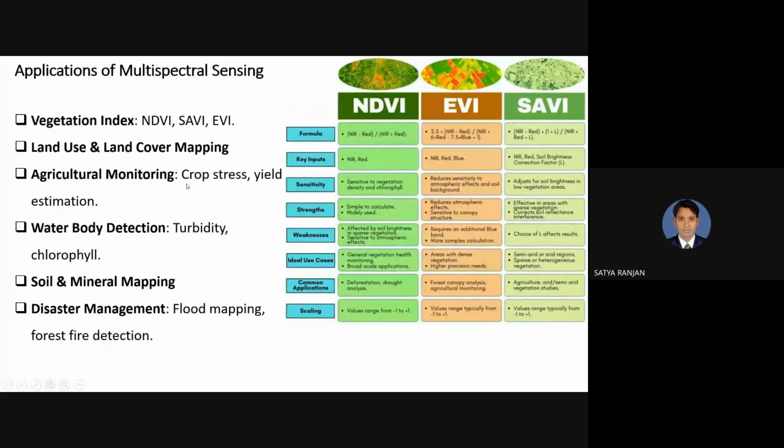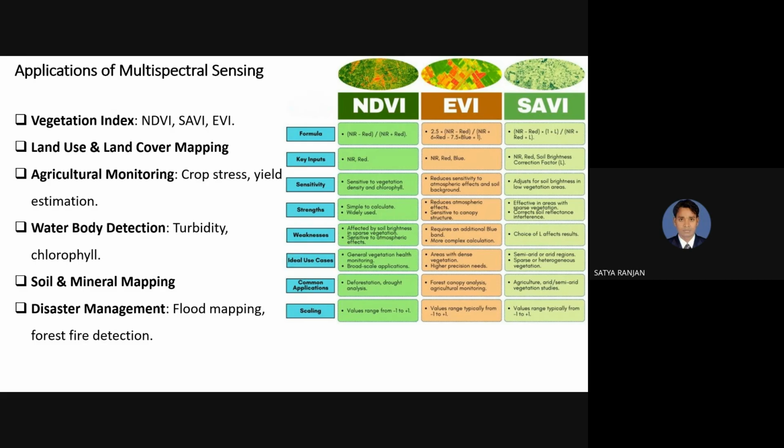So these are some of the examples. Then multispectral sensing is generally used for land use land cover classification. So where the river polygons are, what is the forest area, then settlement, then agricultural land, then all the water bodies and other ponds and dams and scrublands and plantation areas. All these features are interpreted with the help of multispectral satellite images.